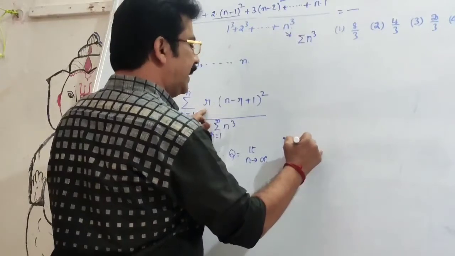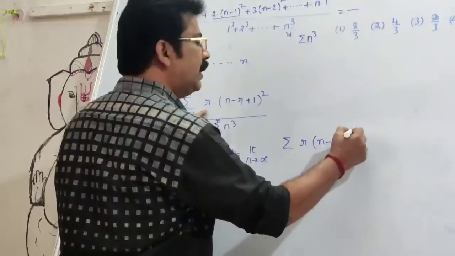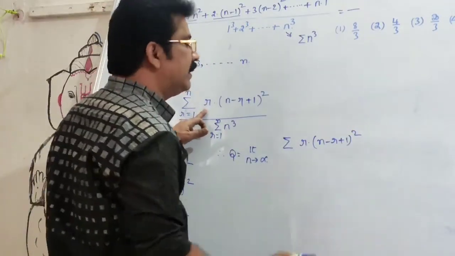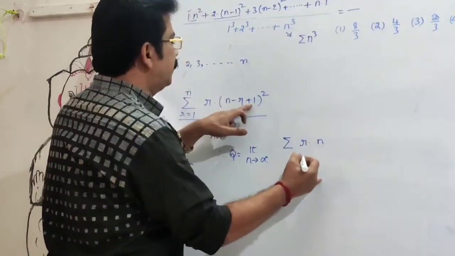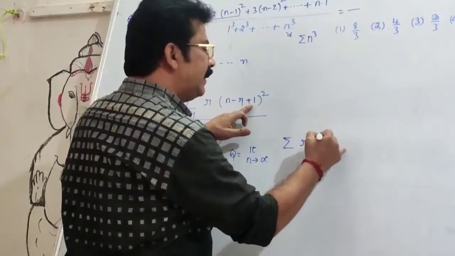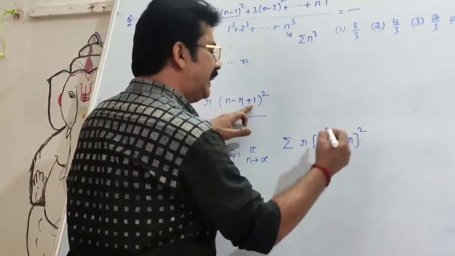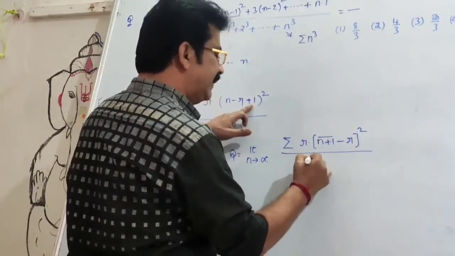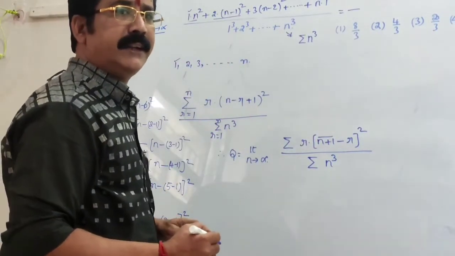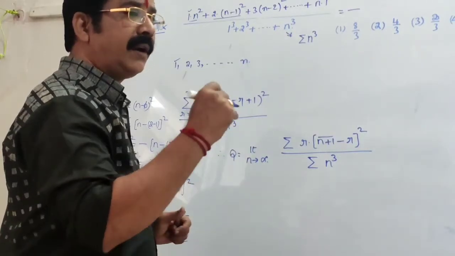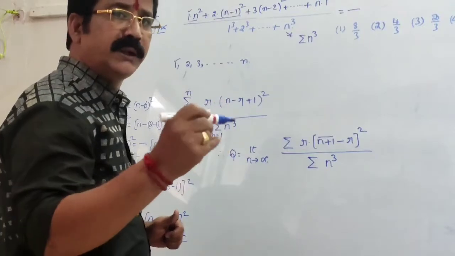Next, small r into (n minus r plus 1) whole square. For this we can write it as (n plus 1 minus r) whole square, n first written as a positive value plus 1, later minus r, divided by sigma n cubed. In numerator and denominator, r goes from 1 to n.